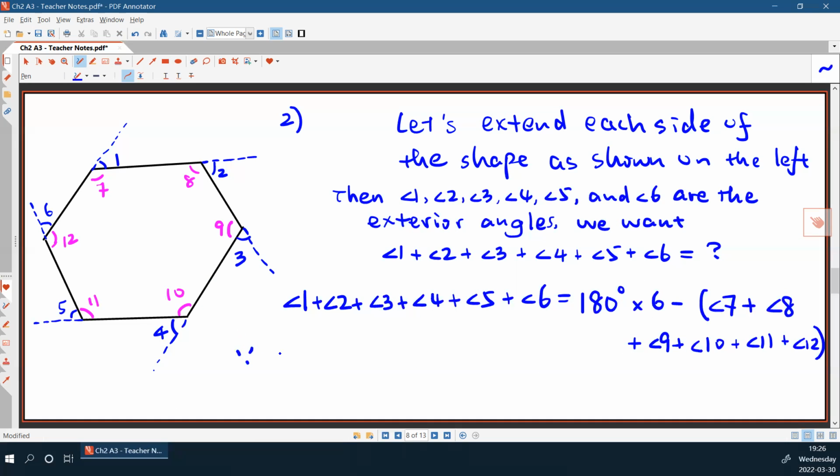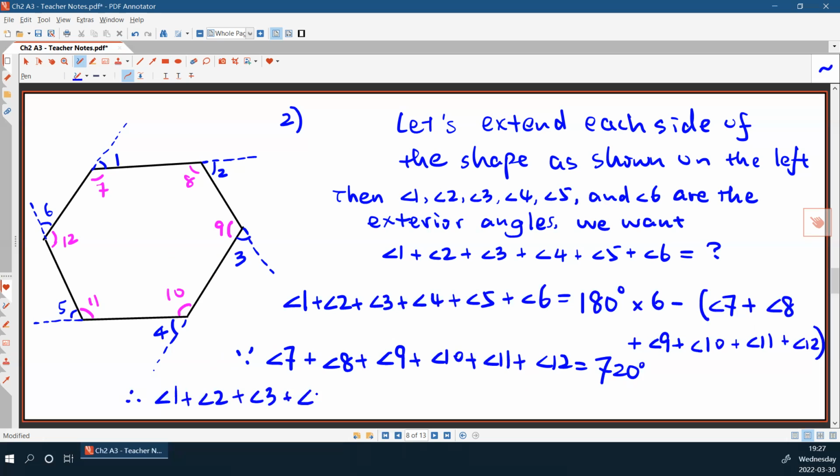Therefore, because the sum of angle 7 plus angle 8 plus 9 plus 10 plus 11 plus 12 is 720 degrees, this is what we have proved in the previous question, right? Therefore, angle 1 plus angle 2 plus angle 3 plus angle 4 plus angle 5 plus angle 6 should equal 1080 degrees minus 720 degrees, which gives us 360 degrees, right?